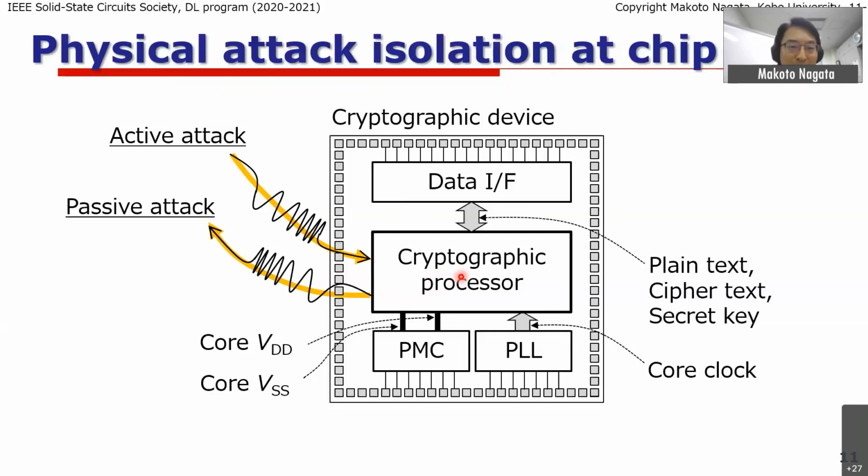I will discuss in more detail the attack scenarios or attack operations. But the image here is that the attacker is always in a good position to extract some information.